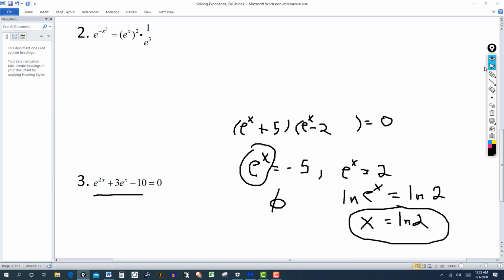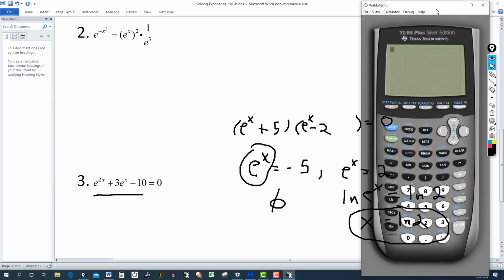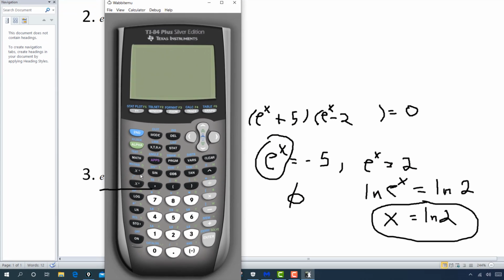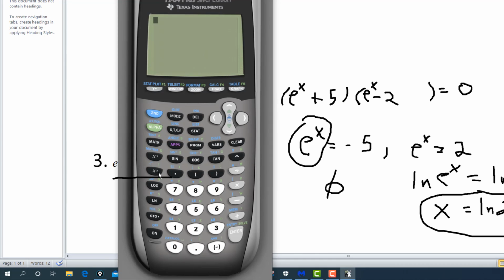Now, if you ask for an approximation, then you can use a calculator. It doesn't have to be a graphing calculator. It could be just a scientific calculator. But here I use the TI-84 and say, okay, natural log of 2, and I get 0.693.